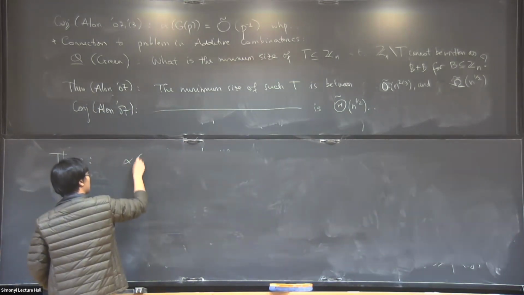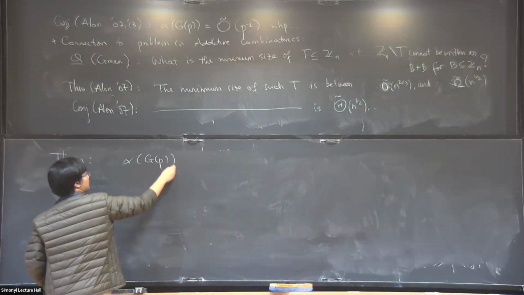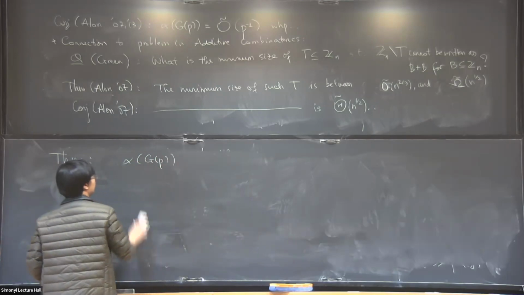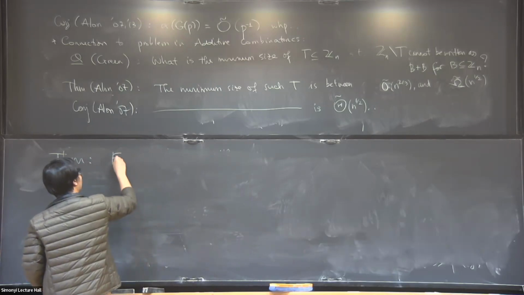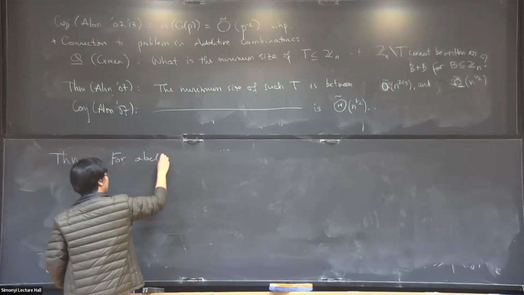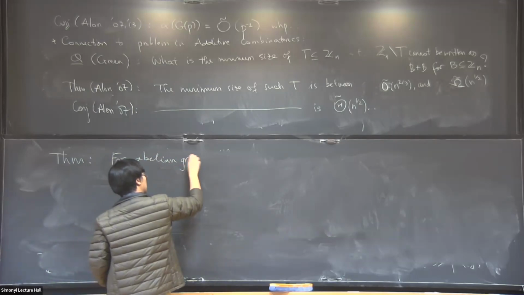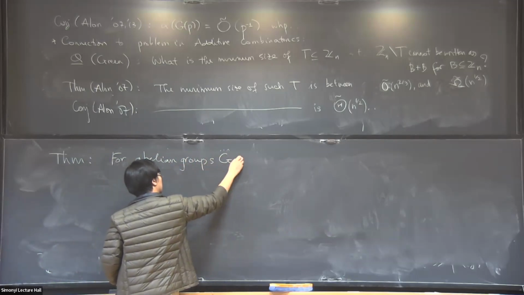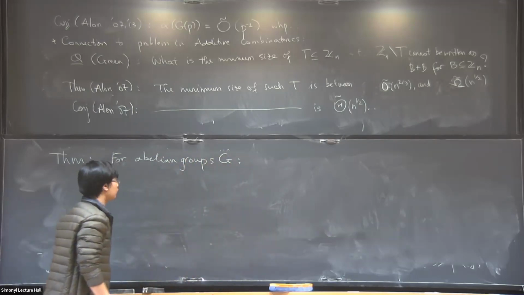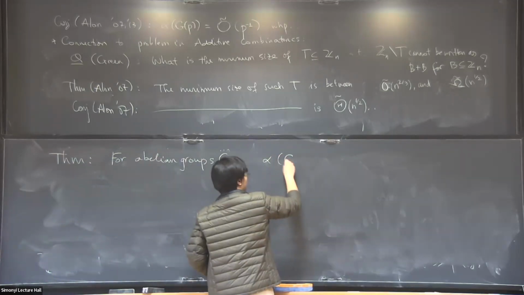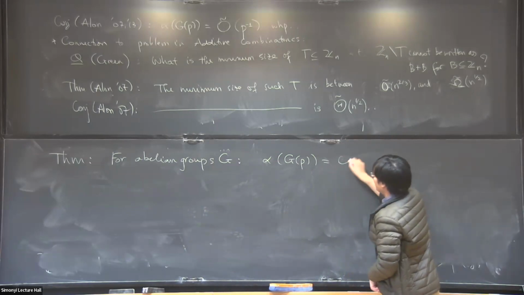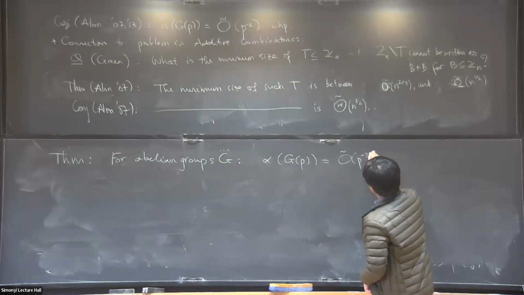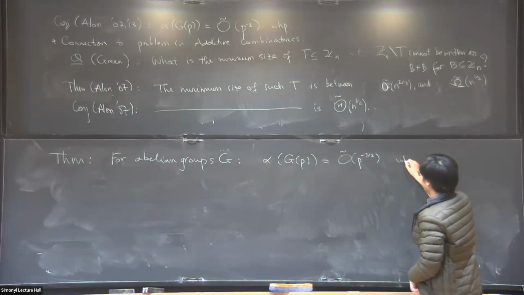So in general, we have that the independence number of G_P, now we are going to focus on abelian groups. For abelian groups G, the independence number of G_P is of order at most P to the minus 3/2 with high probability.